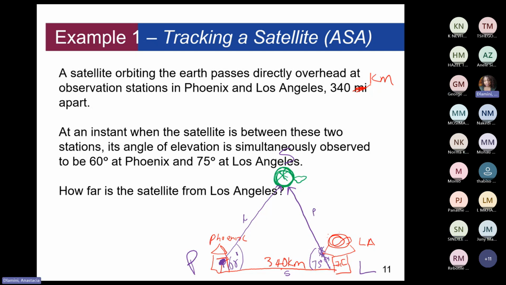In this case, let's see. What are we looking for first? We're looking for the distance, right? This is how I would normally do it. If I'm looking for an angle, I'll put the sines on top like this.